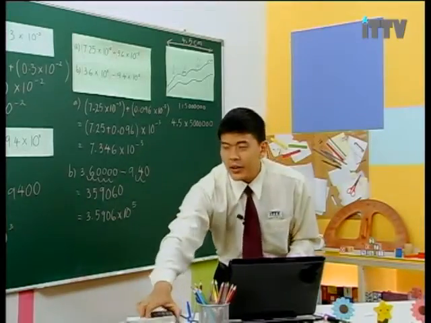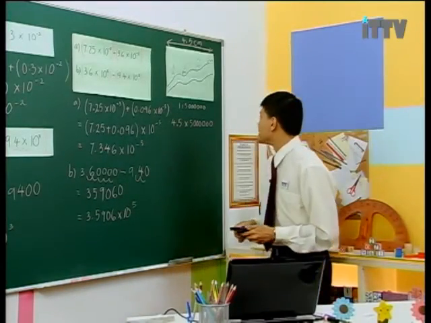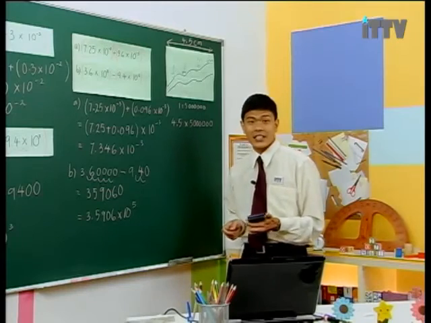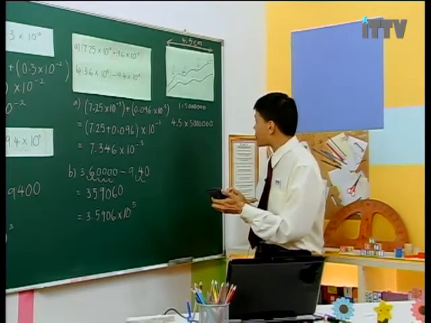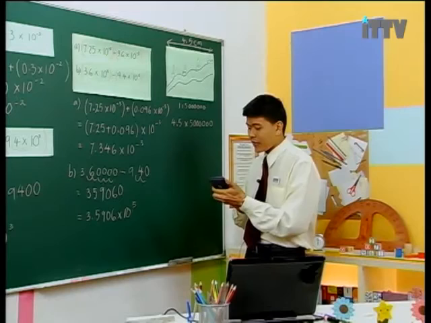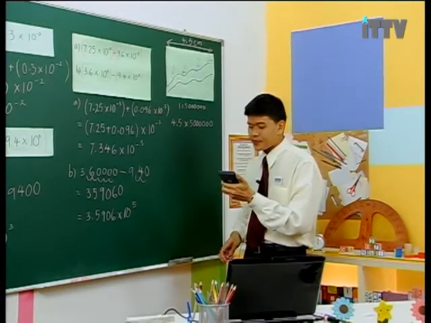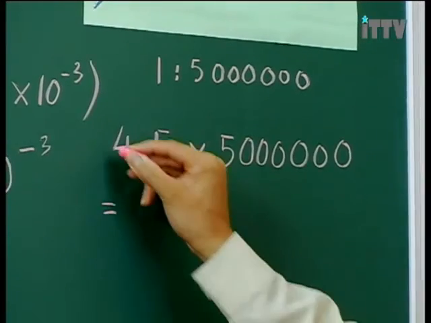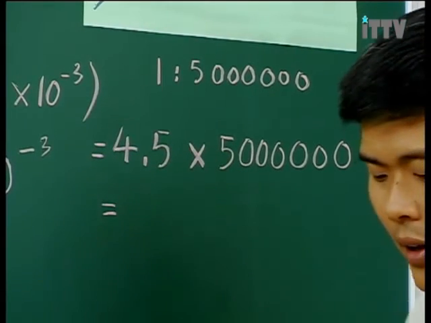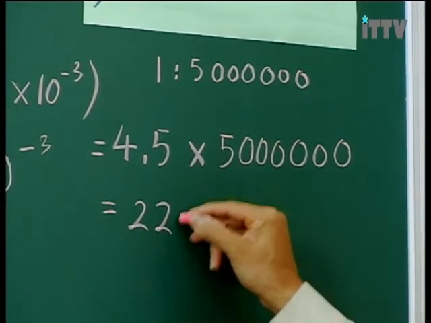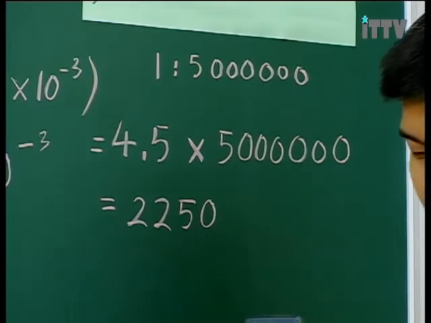So now using your calculator, what is the length of this river in centimeters? It is 4.5 multiplied by 5 million. In centimeters, the answer is very big.